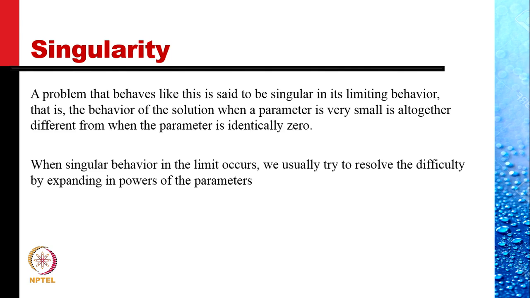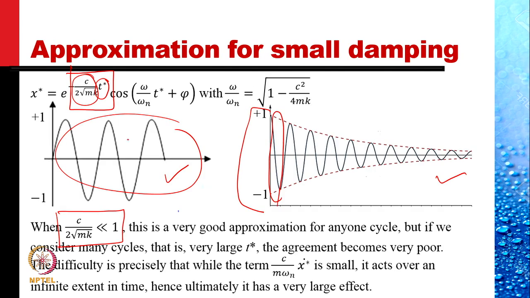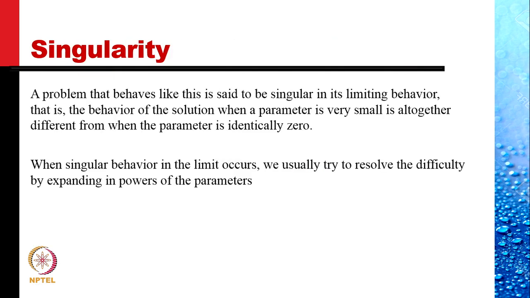But actually it is not 0, it is small, the coefficient is small. So the behavior of the solution when the parameter is very small is altogether different from when the parameter is identically 0. This is the behavior when the parameter is identically 0, and this is the behavior when the parameter is very small. They are entirely different. This is called singular behavior.